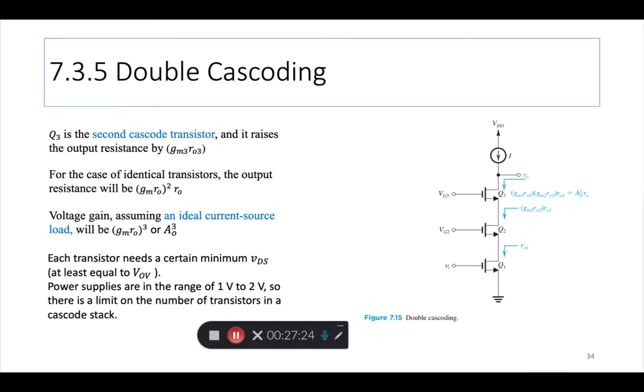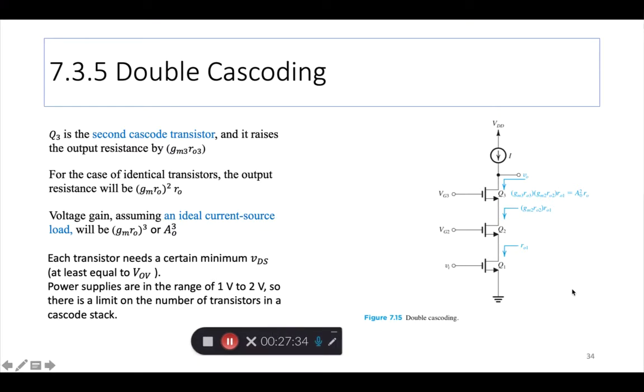Okay, next we come to another important topic called double cascoding, and this is 7.3.5. Now, are we happy with one cascode transistor alone? Yeah, we are, right?